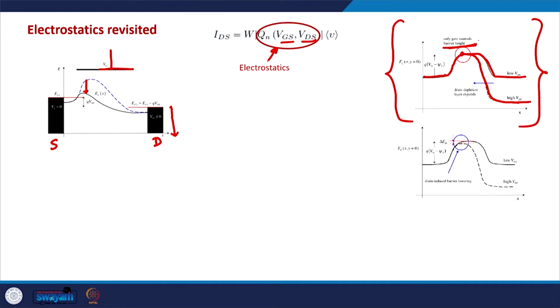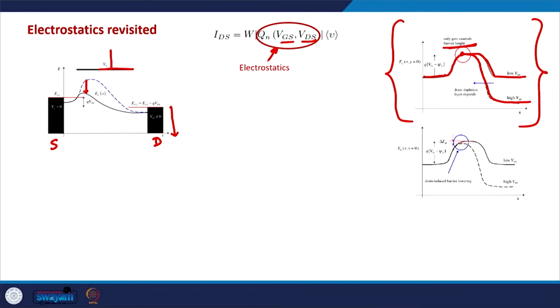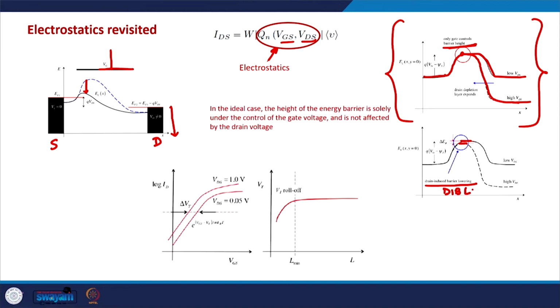But generally in smaller MOSFETs, in small channel MOSFETs, what happens is at high VDS, even the barrier height is actually lowered by some value, and this is known as the drain induced barrier lowering, which we have already seen, and this is best characterized by the subthreshold plot, which is the plot of log ID as a function of VGS for various VDS voltages.